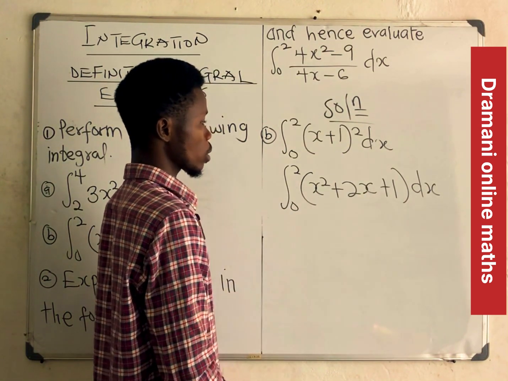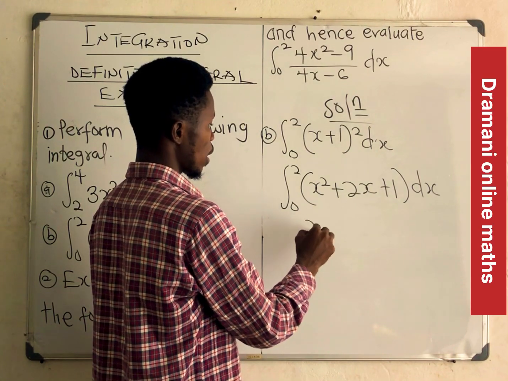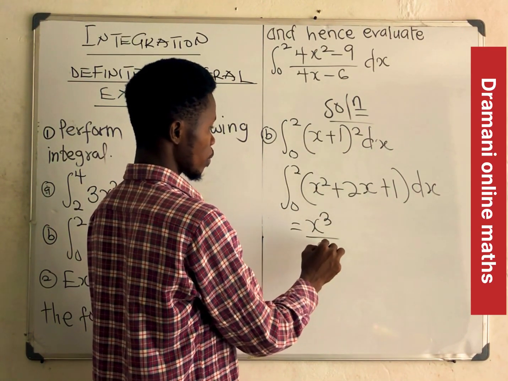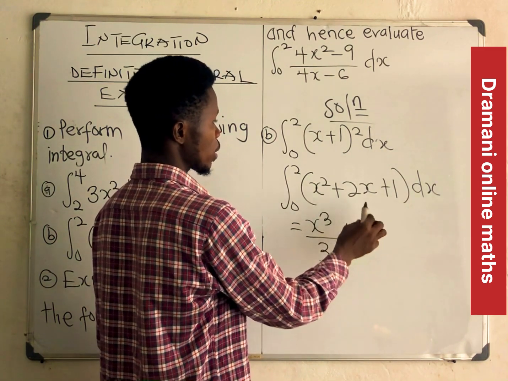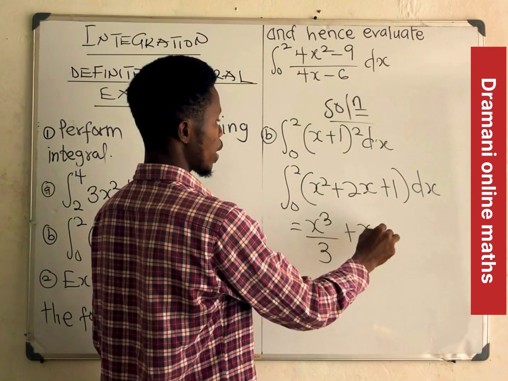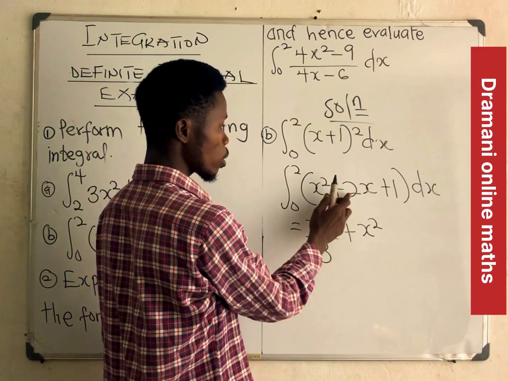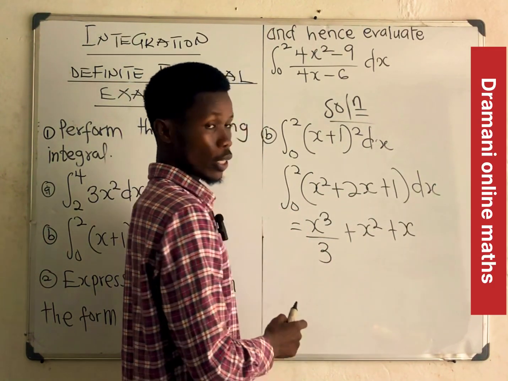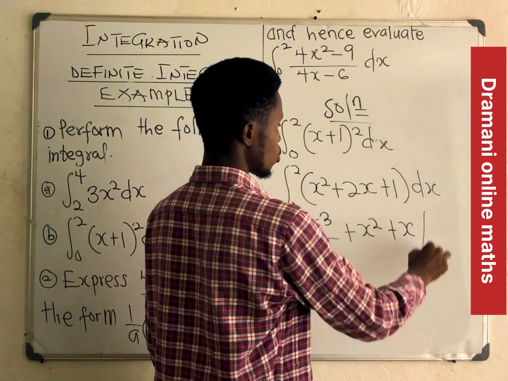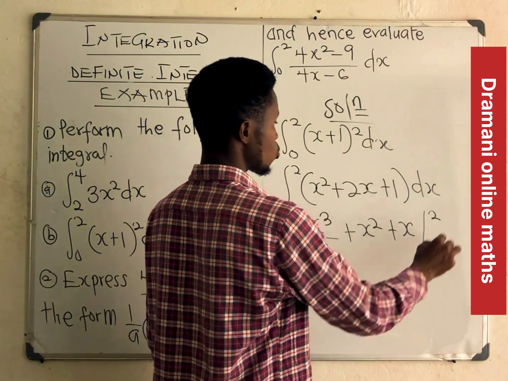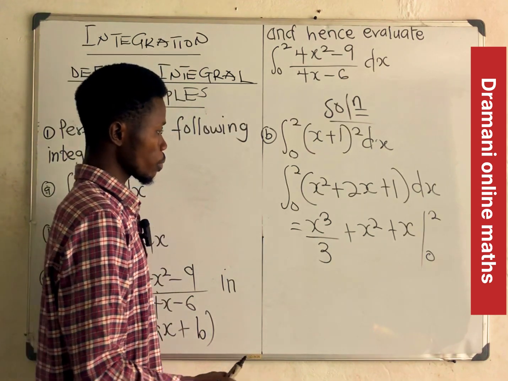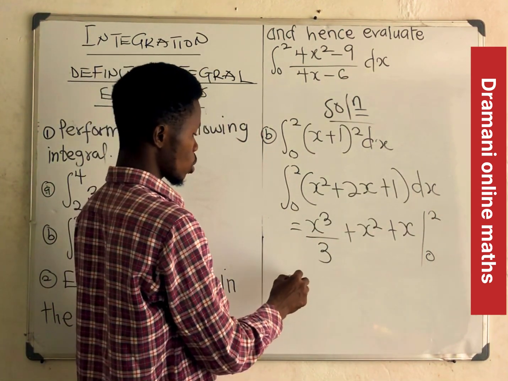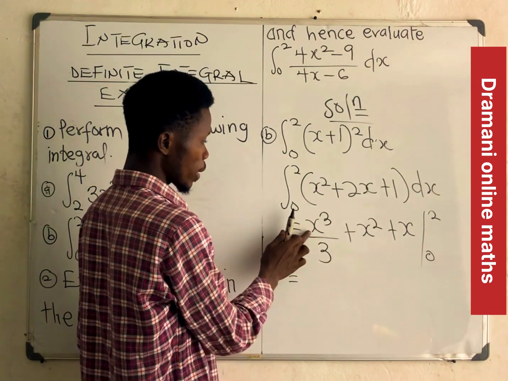If you integrate x squared, you have x cubed over 3. If I integrate 2x, I have x squared over 2, but that 2 will cancel this. If I integrate 1, I have x. I have explained that in the previous video. So this will be from 0 to 2. Now what you are going to do is the upper limit minus the lower limit, the substitution. So wherever I see x, I put 2 there.